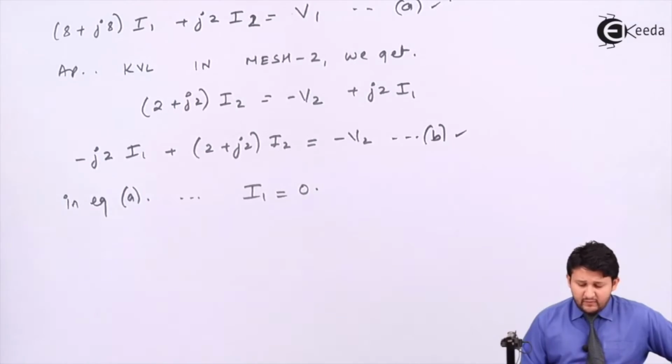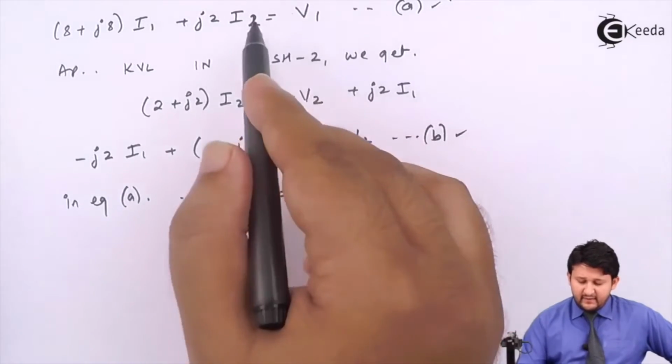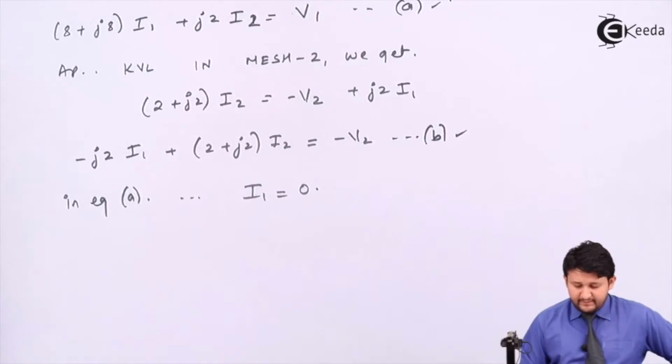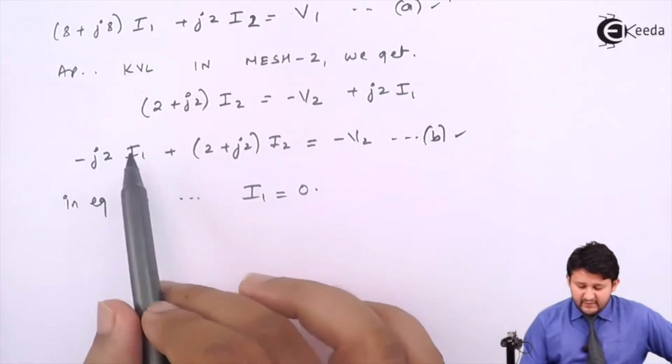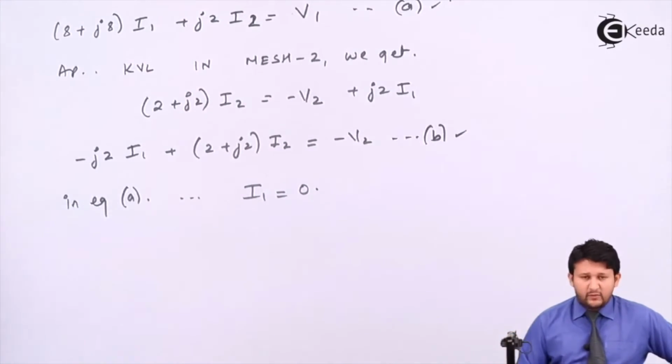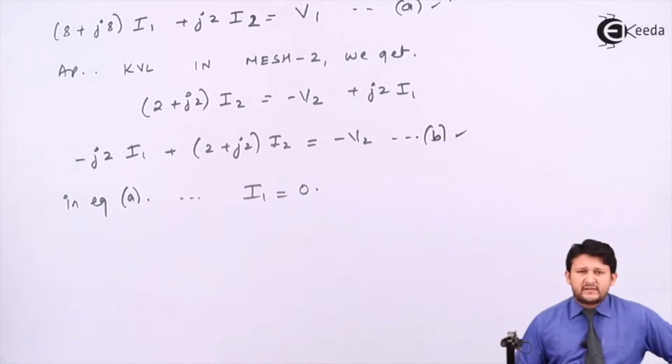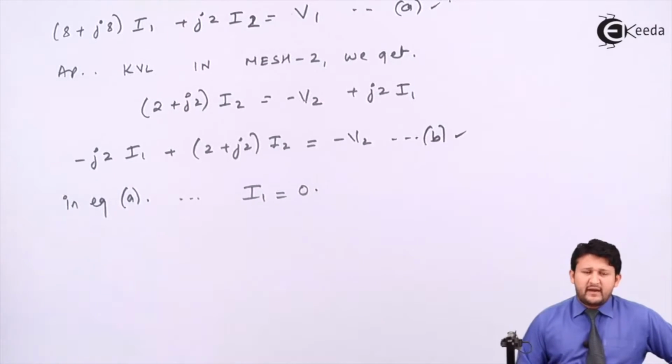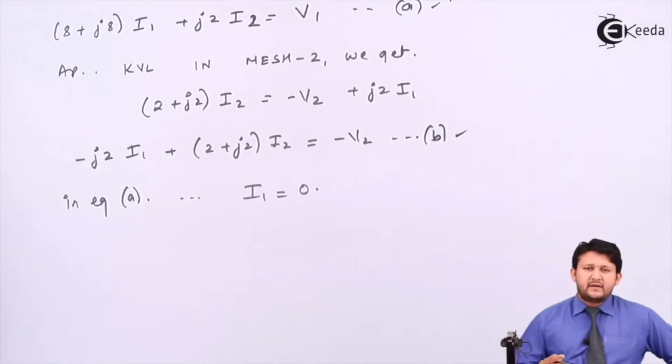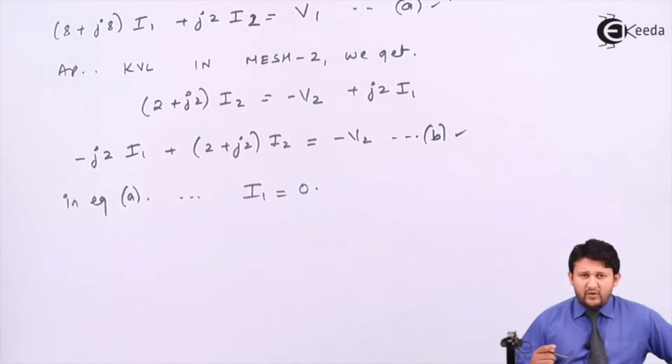When I put I1 equal to 0, I get a relation between V1 and I2. Again, when I put I1 equal to 0, I get a relation between V2 and I2. When I take the ratio V2 upon V1, I'll be getting only a number. All the unknown currents should be cancelled out. That's the main logic we need to look at.